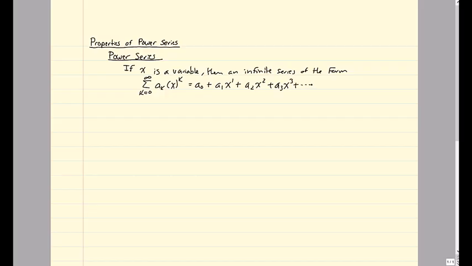This pattern continues on indefinitely as k goes toward infinity. Then this is called a power series.